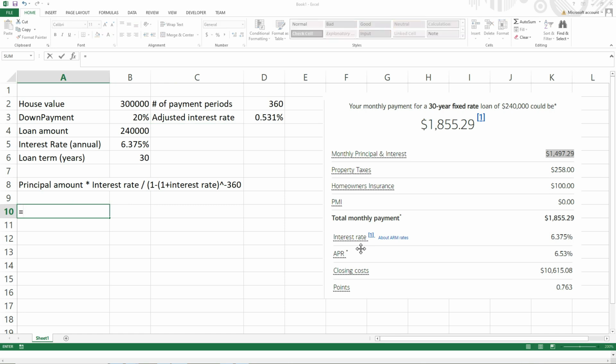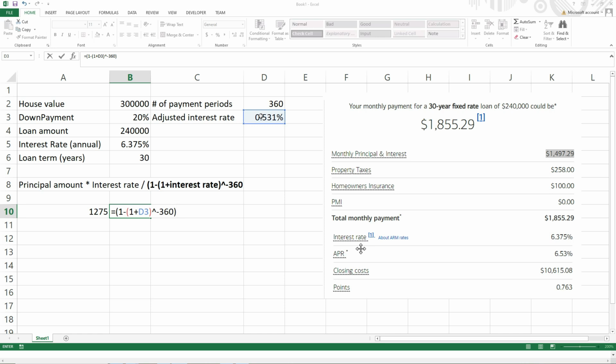So let's solve the first part of this equation: 240,000 multiplied by the adjusted interest rate. That's it. Now let's calculate the remaining part of this equation, which is right here. I'm going to type 1 minus (1 plus the interest rate), again choosing this adjusted monthly interest rate, raised to the power of minus 360, which is our number of payment periods.